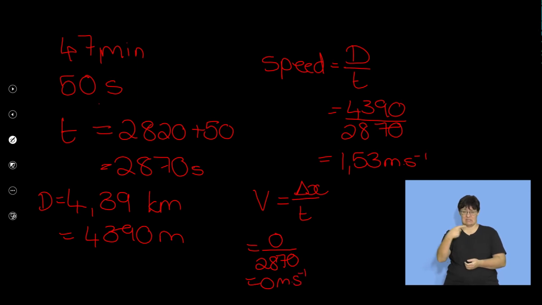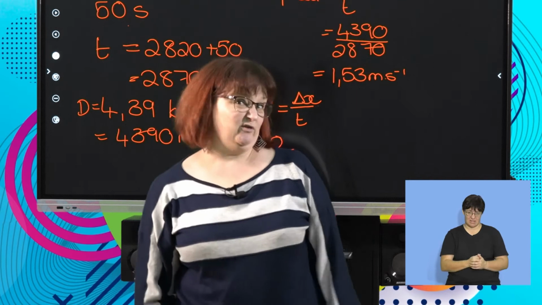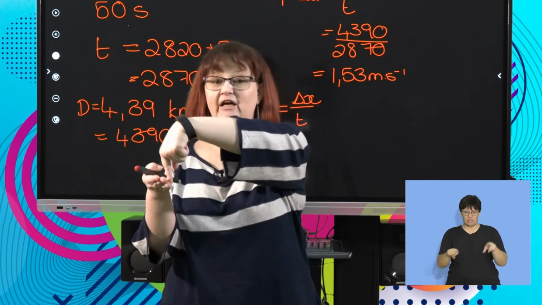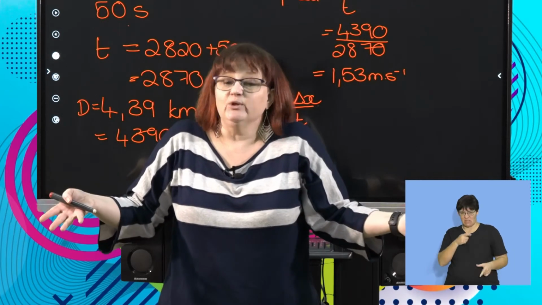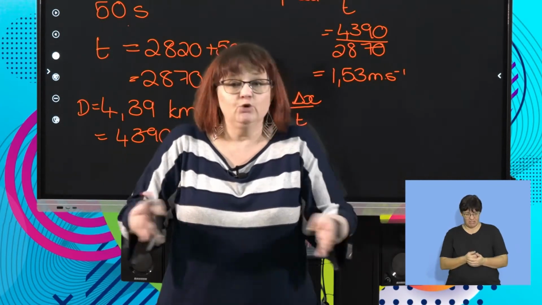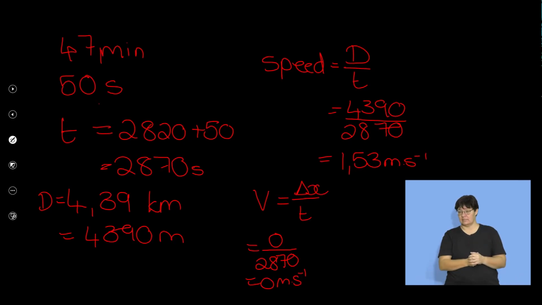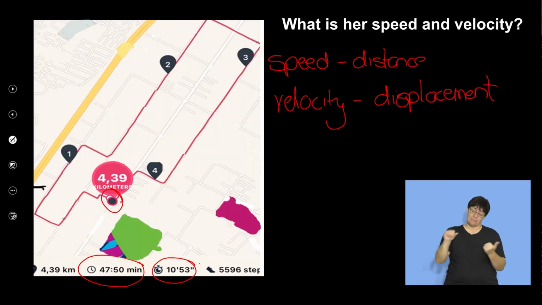She didn't do anything. This is why I don't run races, because you run all the stuff, get to the finish line, and according to science, you have no average velocity. You've gone nowhere. However, if I had to go back to this and say, what is her velocity if she ended at the 4-kilometer mark?